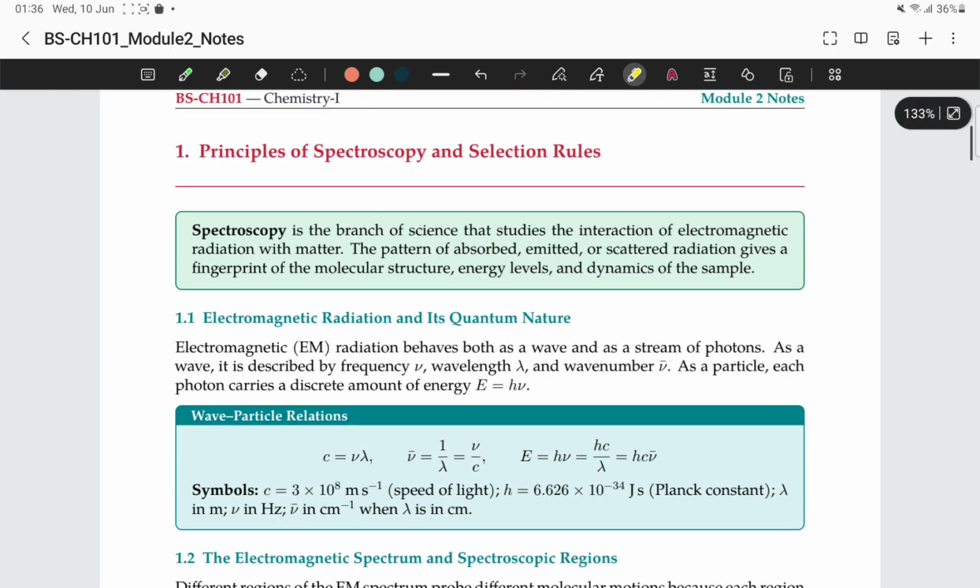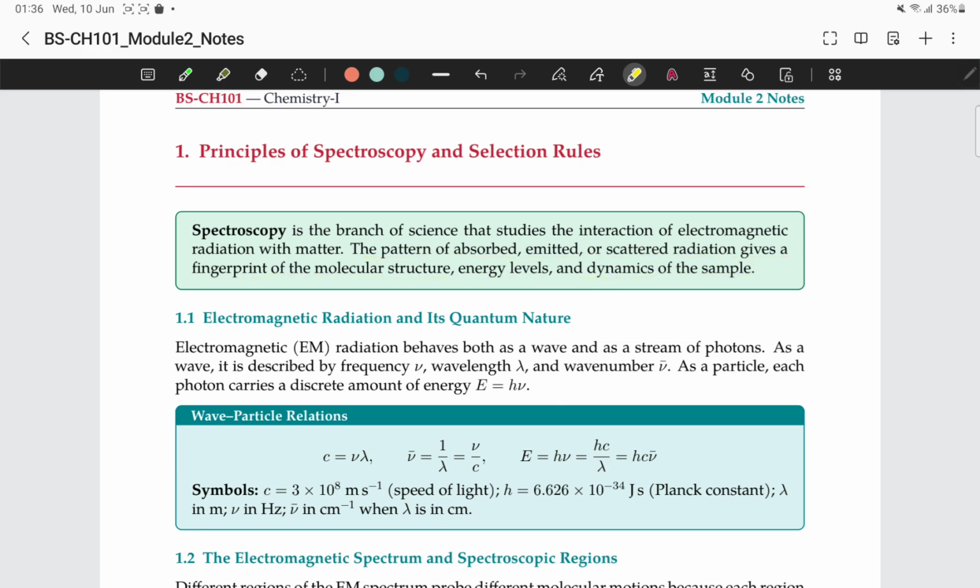So first let's move to the definition part. So this is the definition you could see. First, simply we can say that it is the branch of science that studies how electromagnetic radiation interacts with matter. The pattern of absorbed, emitted or scattered radiation gives a fingerprint of the molecular structure, energy levels and dynamics of the sample.